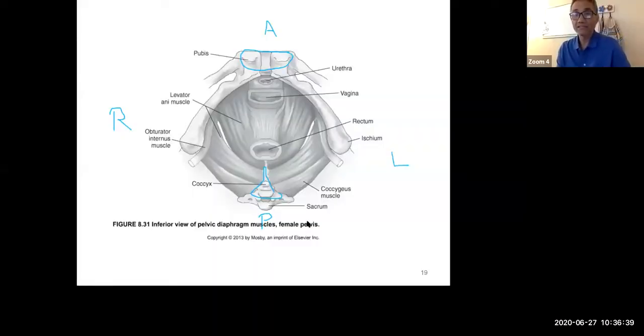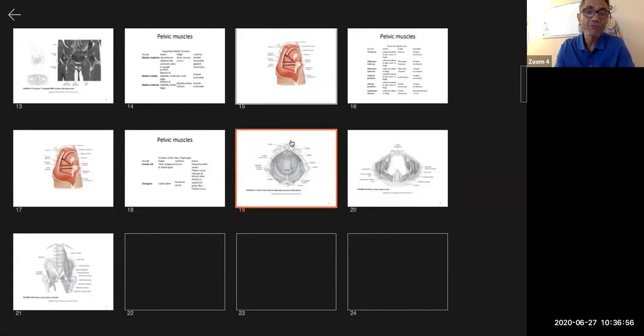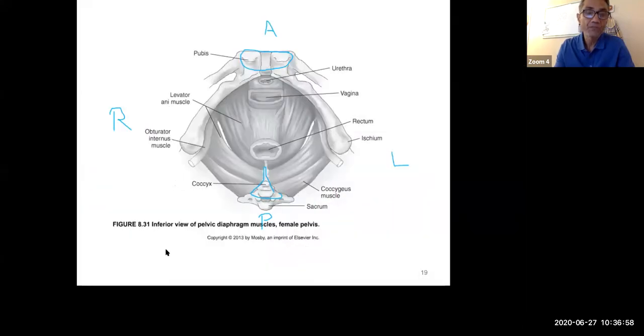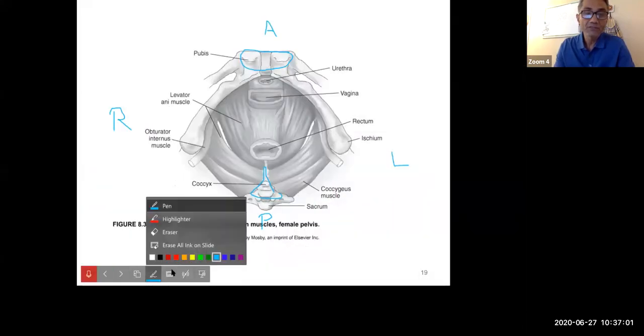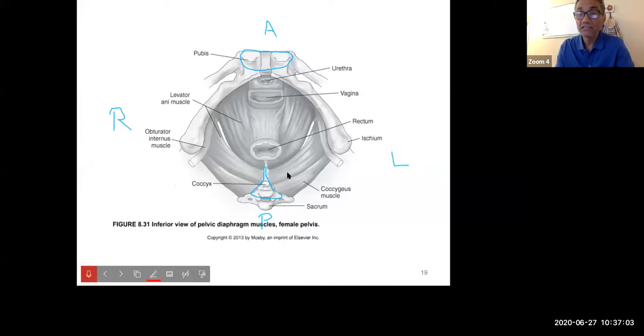So we are talking about the pelvic diaphragm muscles, and we said they consist of two major muscles, the levator ani muscle and the coccygeal muscles. The levator ani muscles consist by themselves of two muscles. Looking at this picture, your levator ani muscles consist of the pubococcygeal muscles.